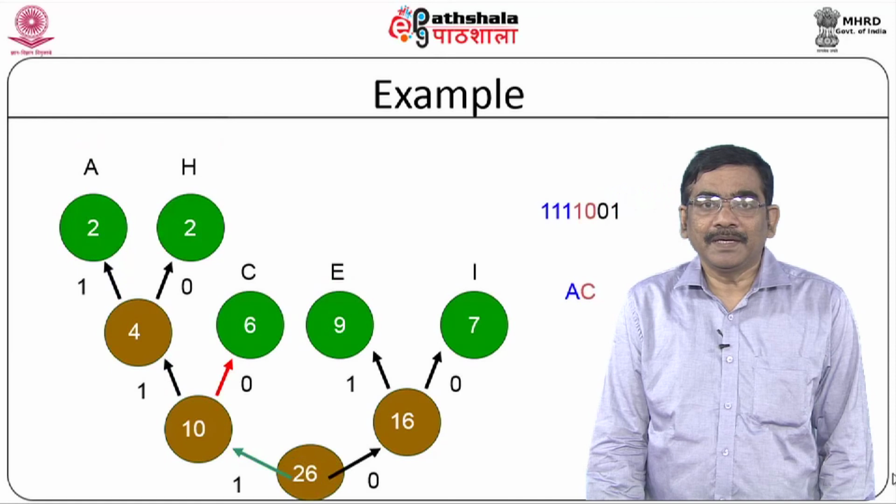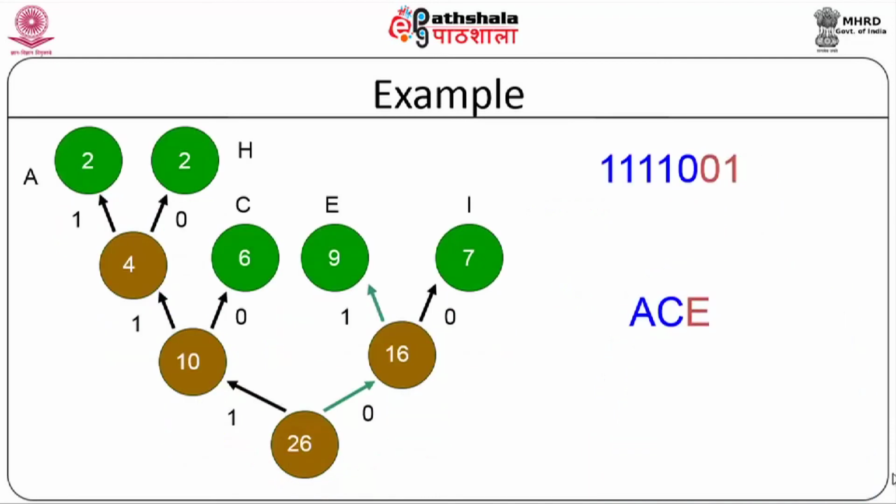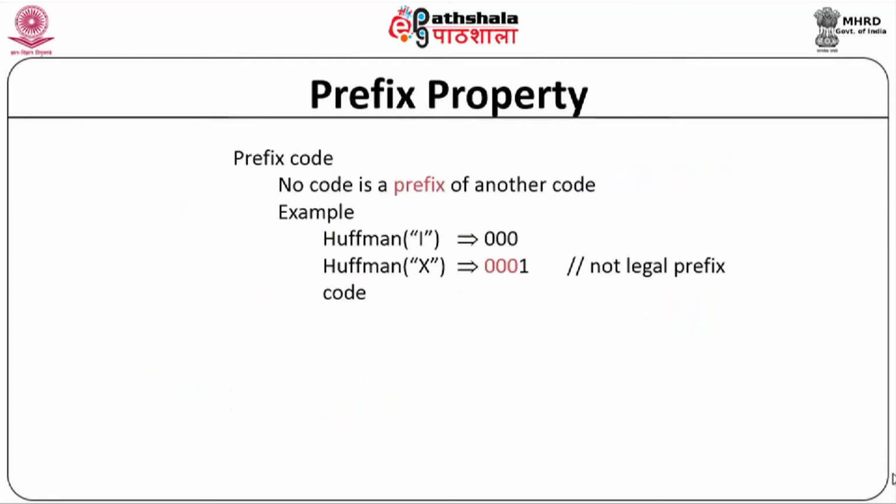So, that is going to be your C. Next is 0 and 1, that is going to be E. So, now you can see that the ACE is received exactly as we have transmitted, and there is no information loss. This is the beauty of the Huffman code.